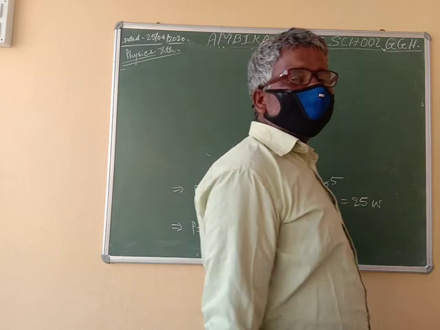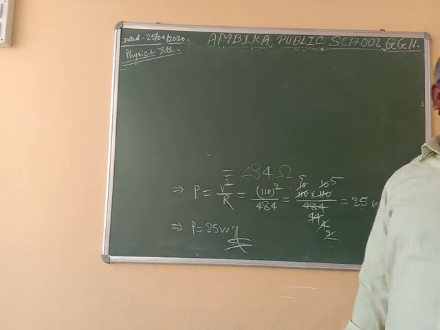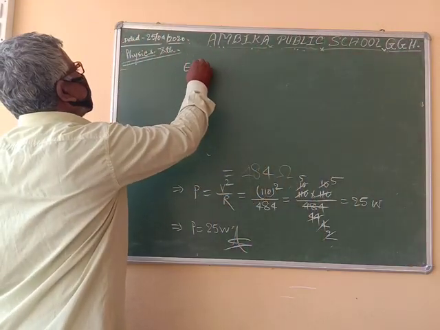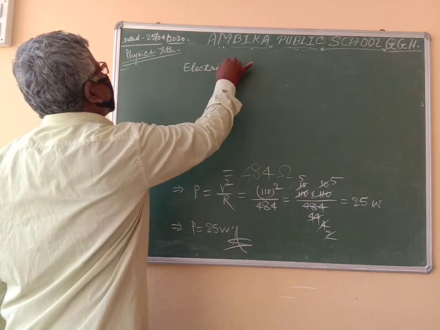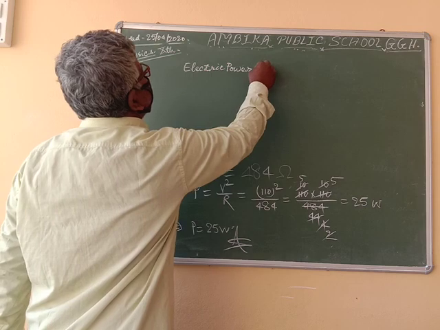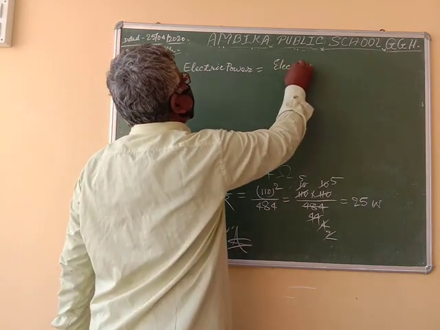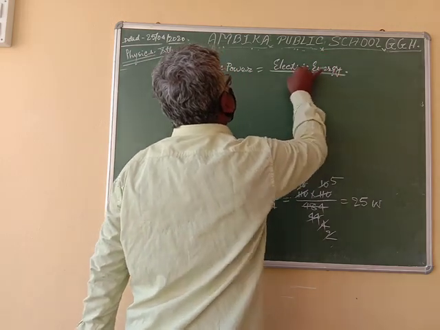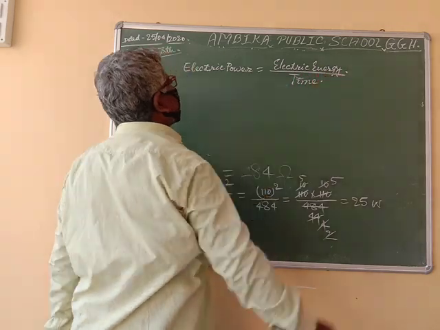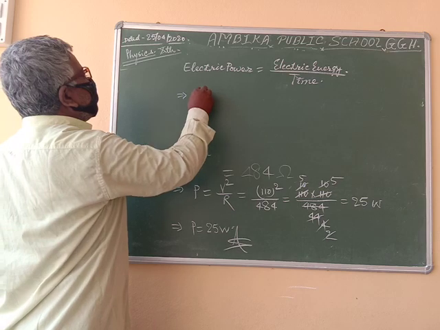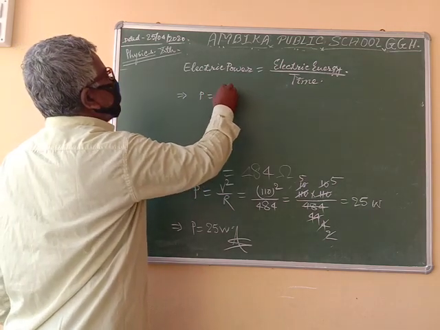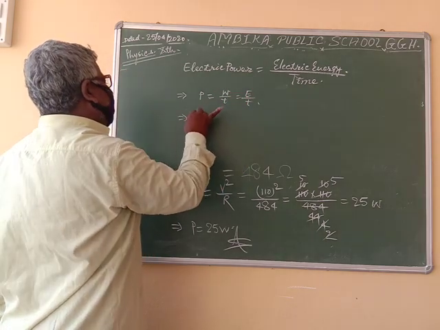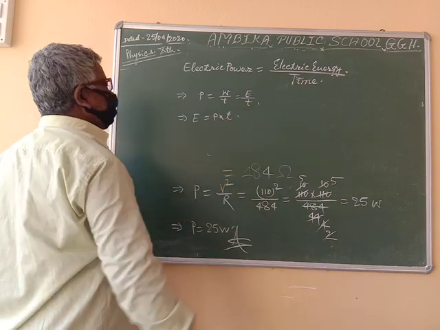As we have studied, electric power is equal to electric energy by time, that is P is equal to W by T or E by T, or E is equal to P into T. Is it clear?